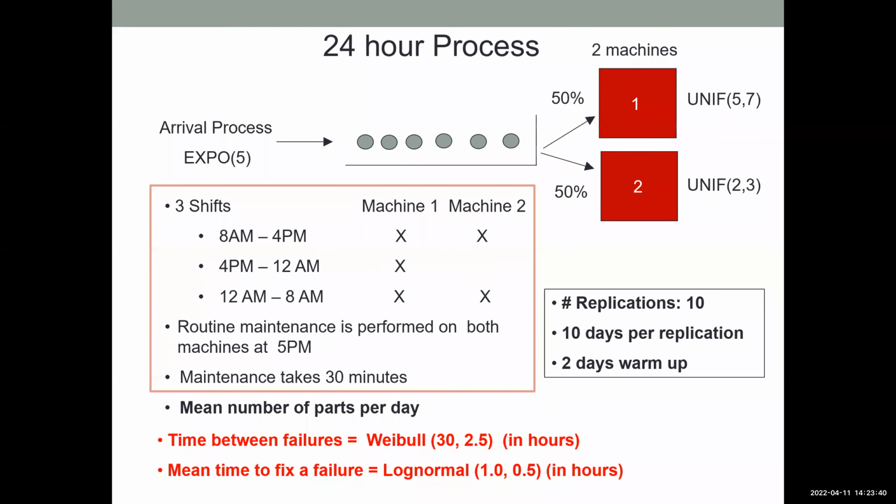The other thing that we want to do is to look at the time between failures. It's going to follow a Weibull distribution in hours, and the mean time to failure will follow a log normal with 1.5 in hours. Typically Weibull probability models are really good to represent the time between failures.